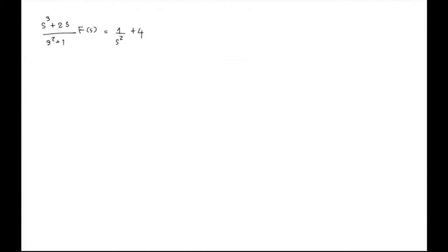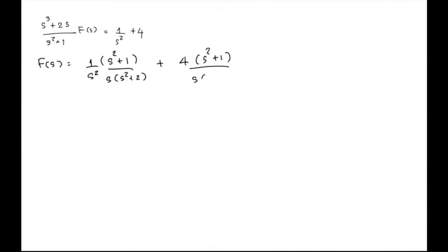So here F(s) is 1 over s squared plus 1 divided by s times s squared plus 2, plus 4 times s squared plus 1 divided by s squared plus 2.